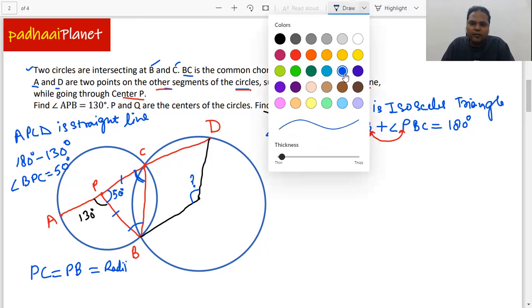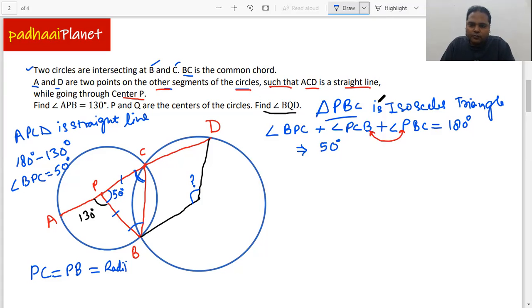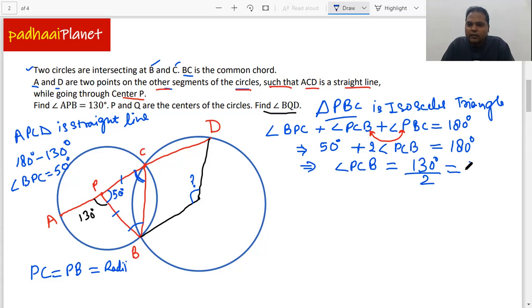So what we can write is very simple: double of angle PCB is equal to 180 degree minus 50 degree. And therefore, I can find out angle PCB very easily, and that's 130 degree over 2, and that's 65 degree.